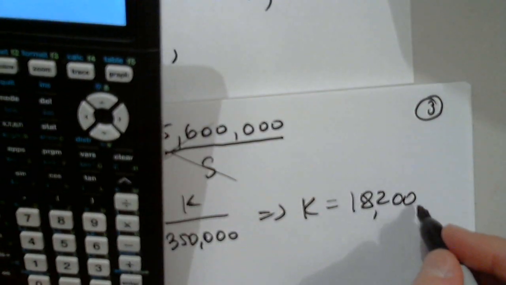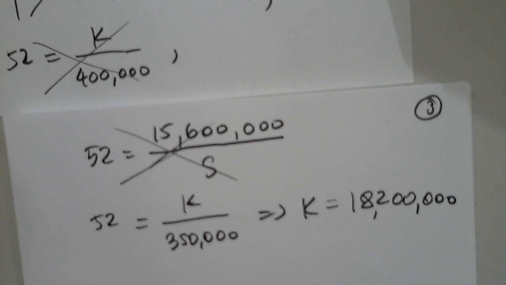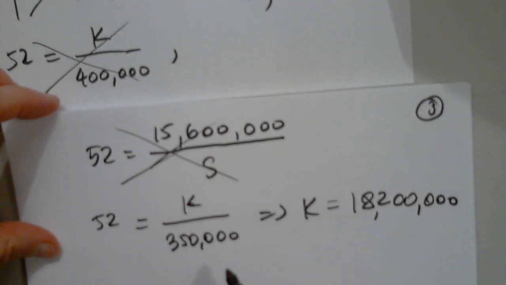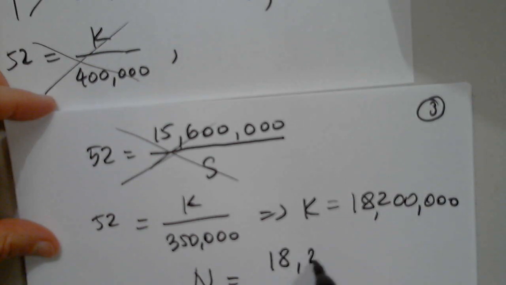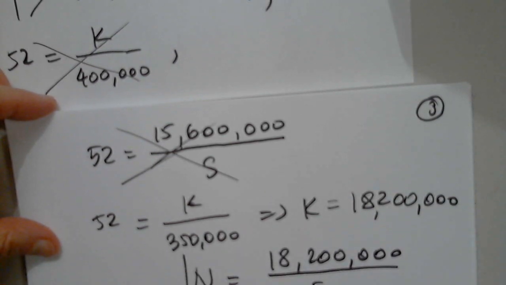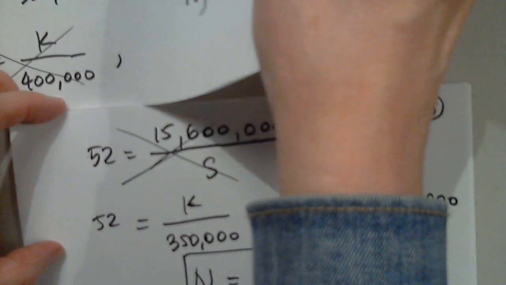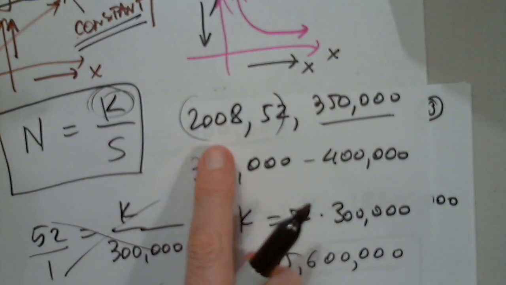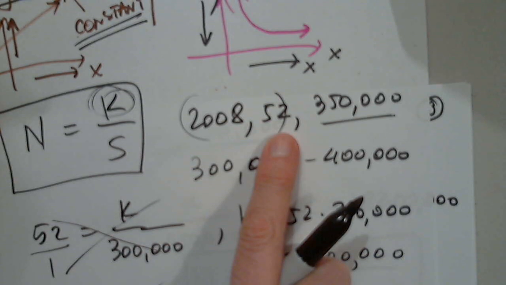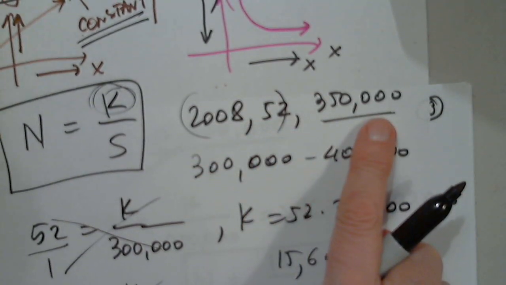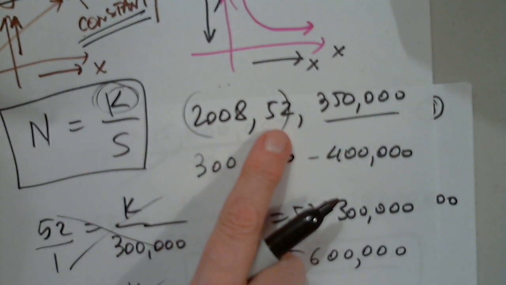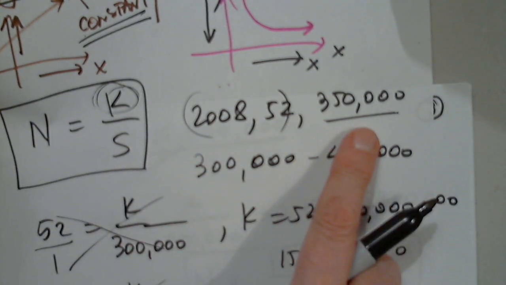No, it's 18,200,000. Okay. So now we have the relationship, which is N equals 18,200,000 divided by S. Again, in 2008, 52 had more than 350,000. N is 52, S is 350,000.